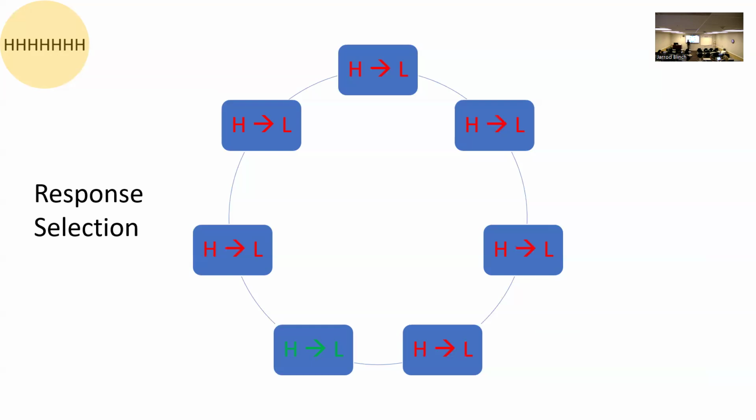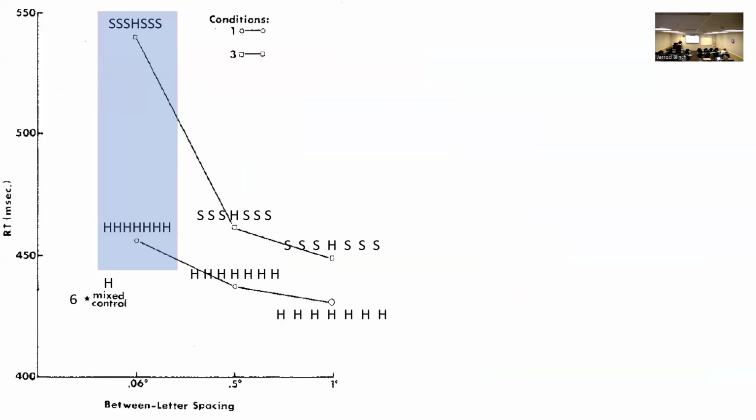So this will be easier because they're all suggesting a left response, but we still have to go through and inhibit these and excite that one. So that explains these results. All of those letters make it in, and it takes some processing energy to then map every stimulus to response and then to inhibit the response of the flankers.